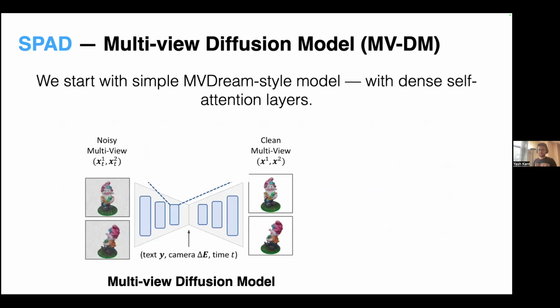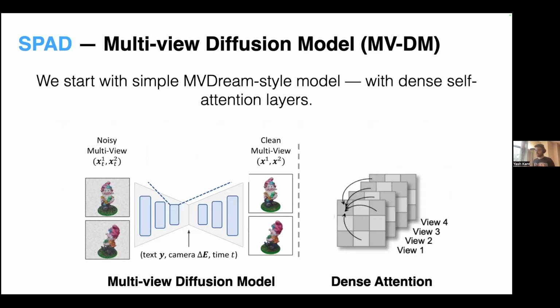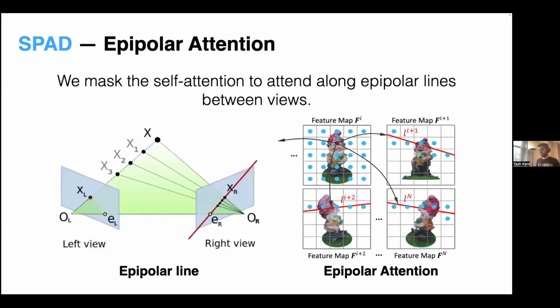So we start with a simple MVDream style model. We have these dense self-attention layers in our UNet, and we attach them together so that they can attend between each other. Every single view gets to look at the other views. But we introduce this trick from epipolar geometry by constraining how these pixels look at each other.